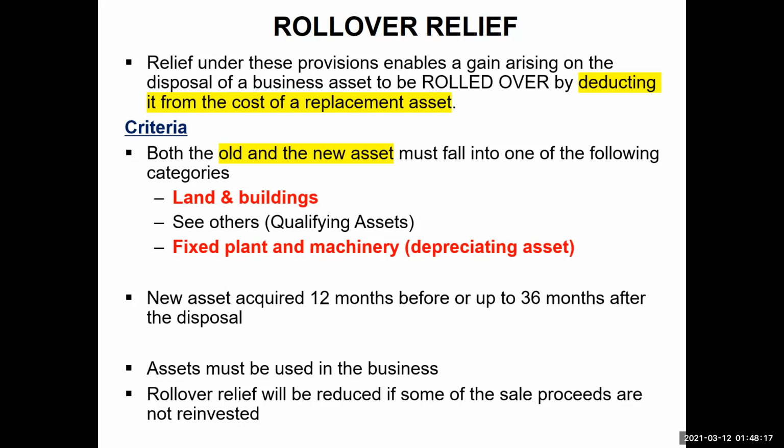Let's say we had proceeds of 200,000 and we have reinvested 150. The remaining 50 that we have not replaced, what do we do with it? Any rollover relief we get will be reduced by this extra which we've not reinvested.